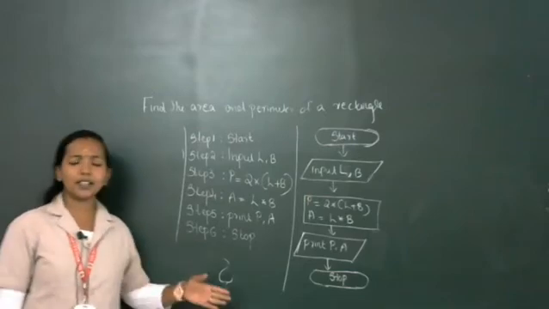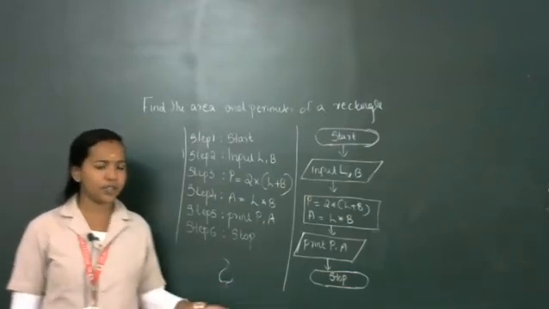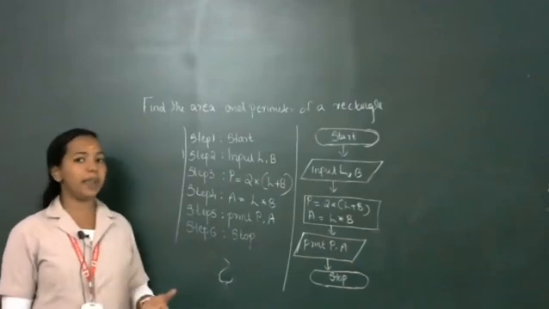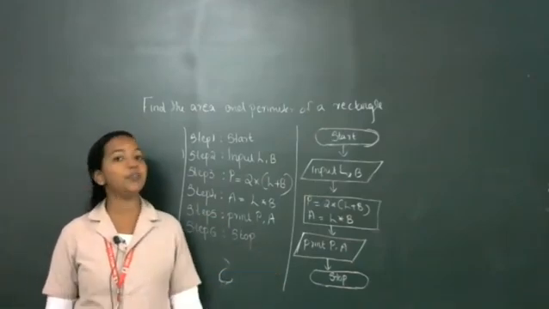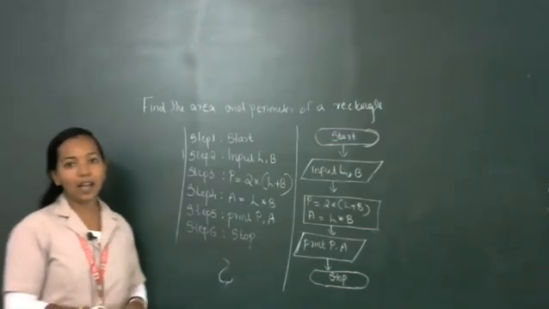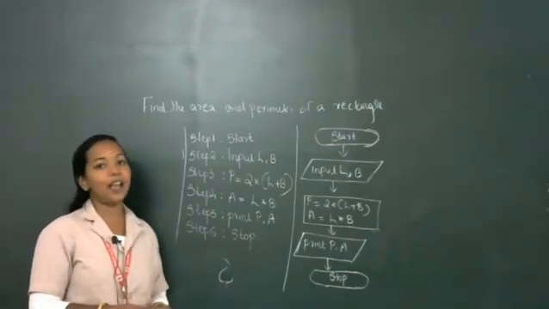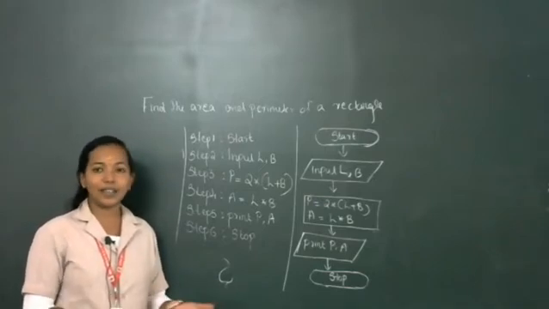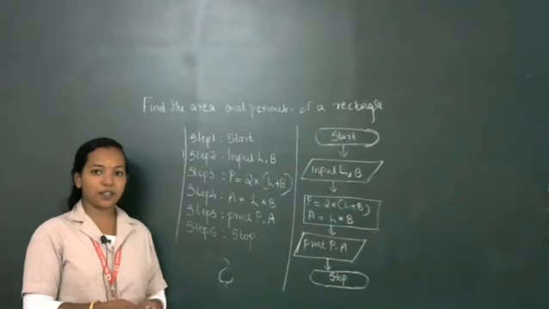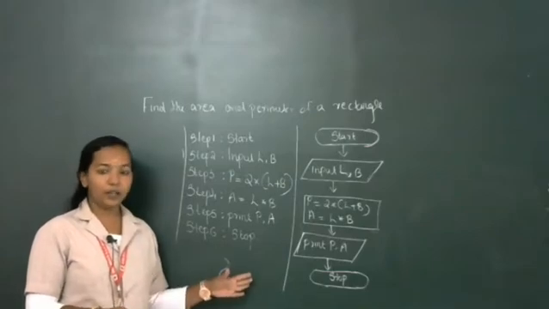Clear? So this is an easy algorithm because there is no decision or condition-based checking present. We are directly substituting values and after that printing the value. So sum and average of numbers and area and perimeter are very easy algorithms and flowcharts because no decision is present. This is a normal algorithm and flowchart.